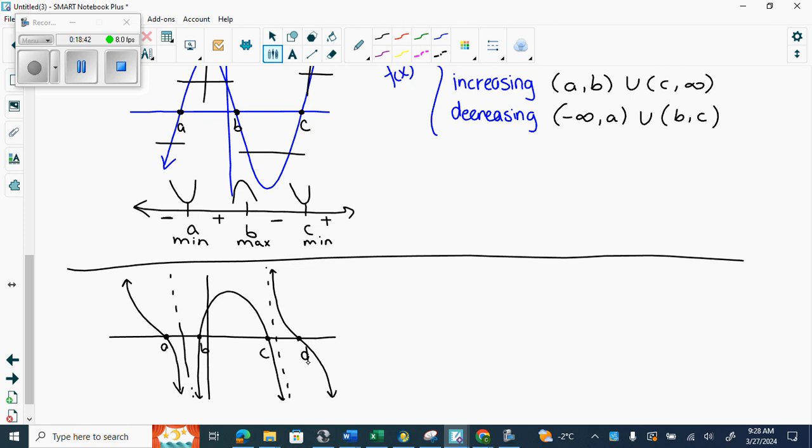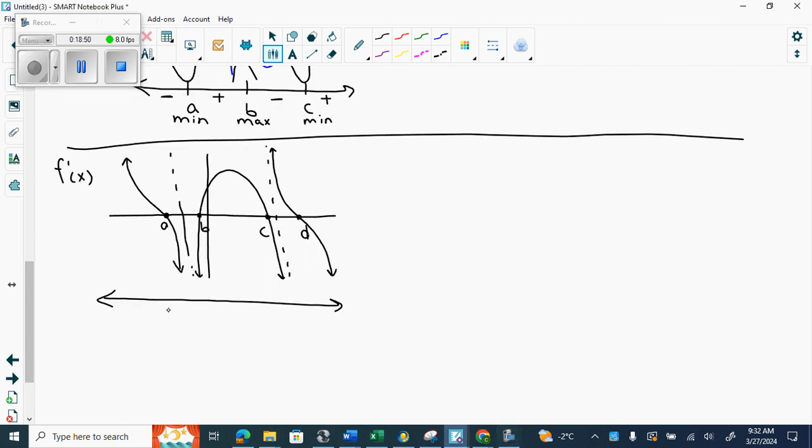Yes. Increasing, decreasing, max, mins, go. I photocopied like 3,000 of f prime of x, and I want the information off of f of x. So we have A. And whatever this asymptote is, we'll call it x.